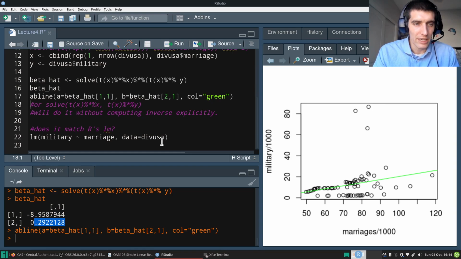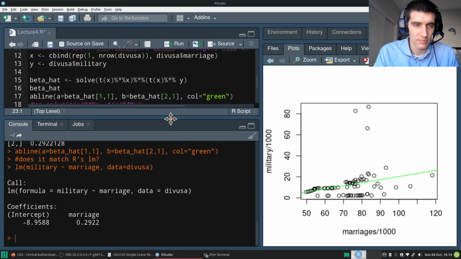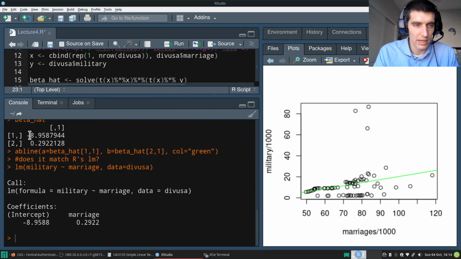So does this match R's lm? Well, let's see. lm gives me the coefficients. I've done military regressed onto marriage, data is div USA. And let's just see. We have negative 8.95, 8 something something. So subject to rounding at this decimal, we see that yes, indeed, we do match.